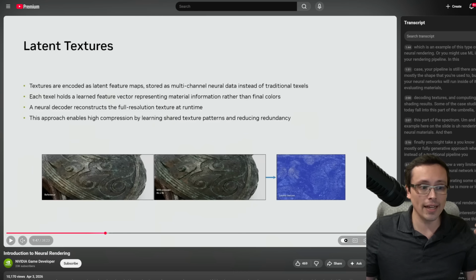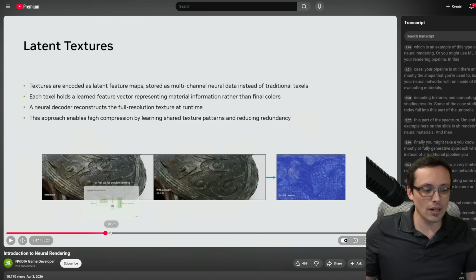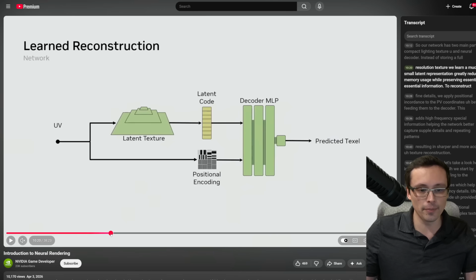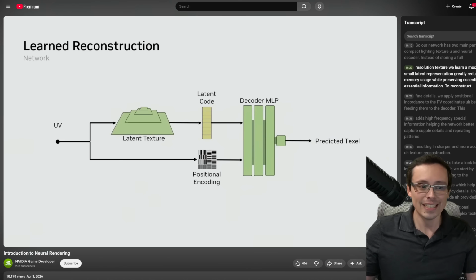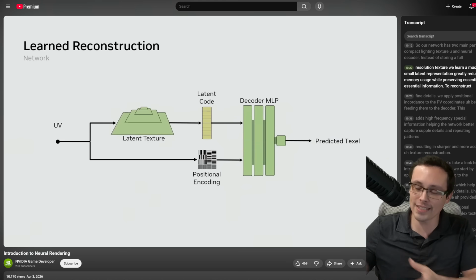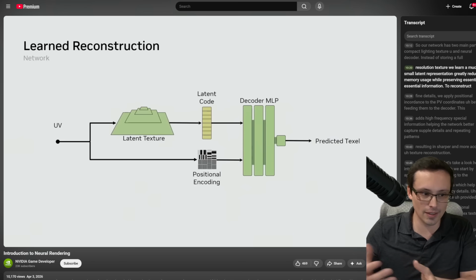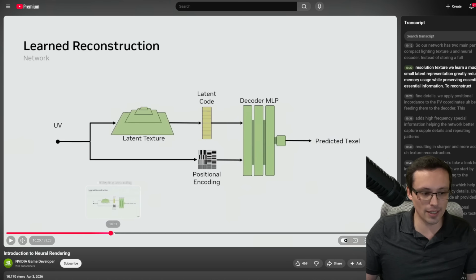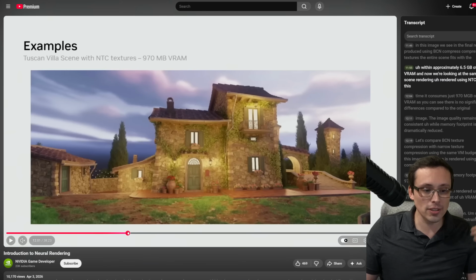So this enables high compression levels, but it can have, I think, a bit more of a compute cost than the traditional texture rendering. But in the end, you're still getting what the game developer wants, and they can try this out in their game development process.